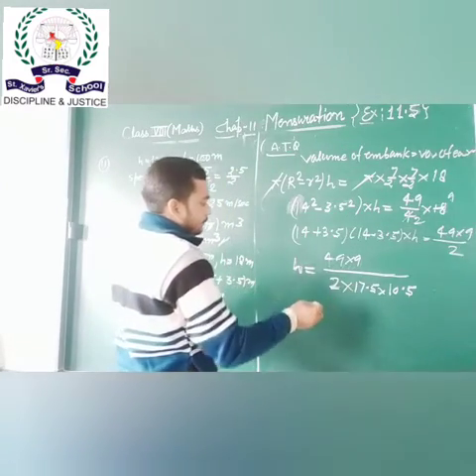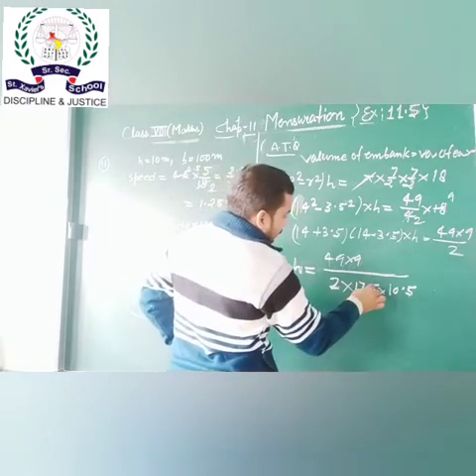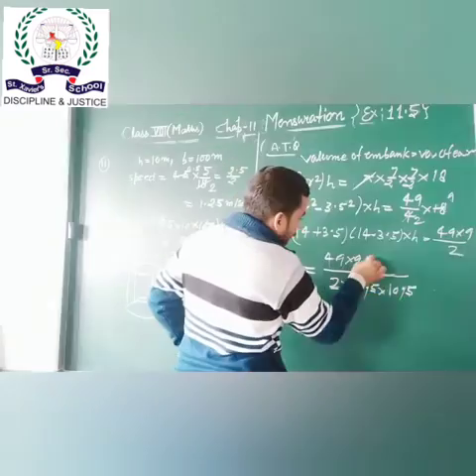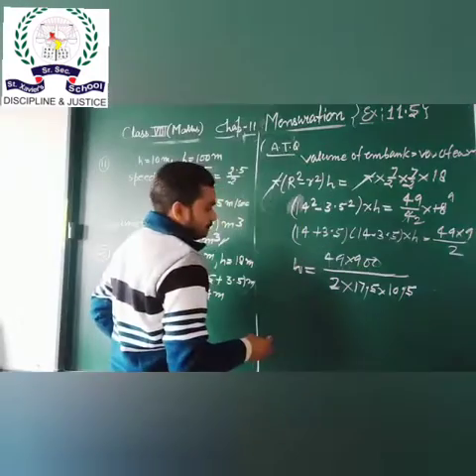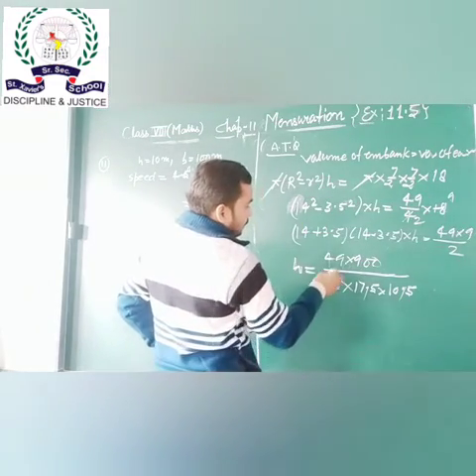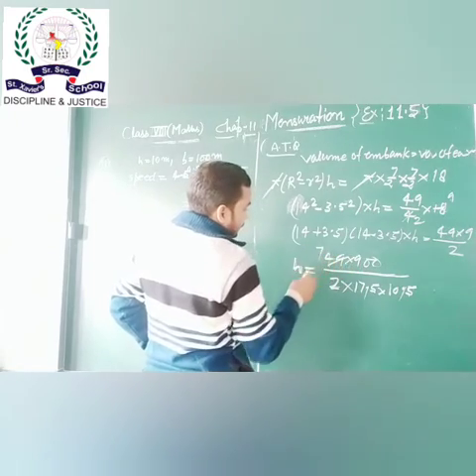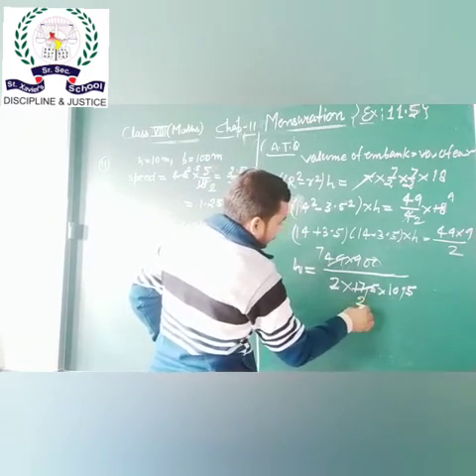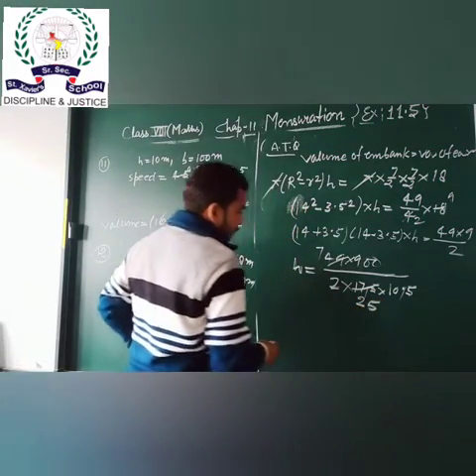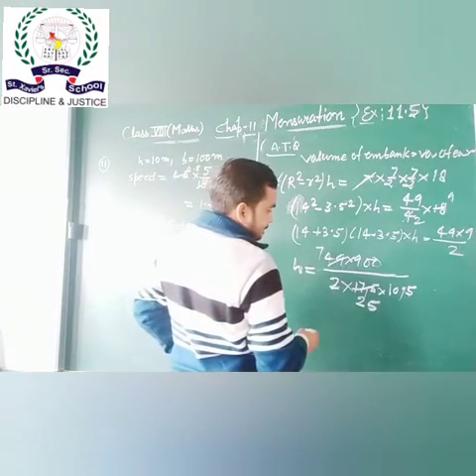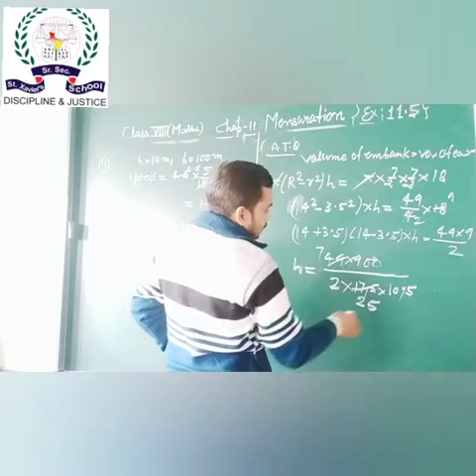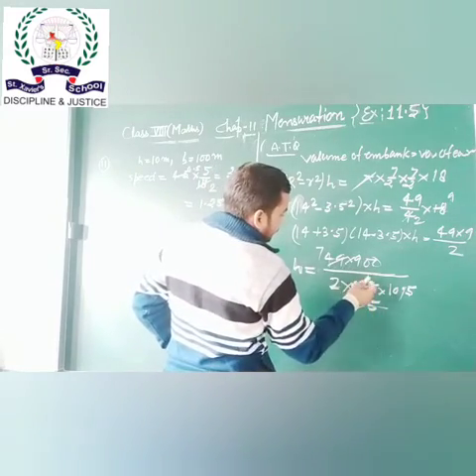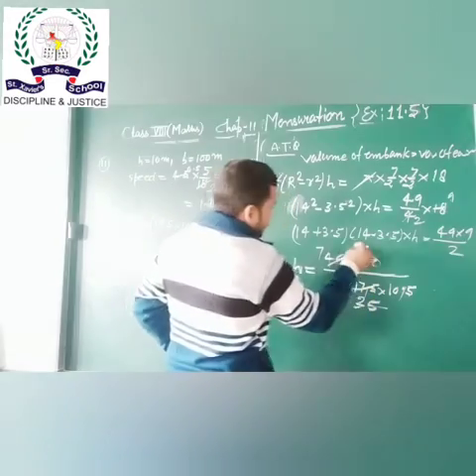Then divide. Decimal point remove, increase to 0. 7 7 ja 49, 7 2 ja 14, 7 5 ja 35. Then 25, 3 ja 75.